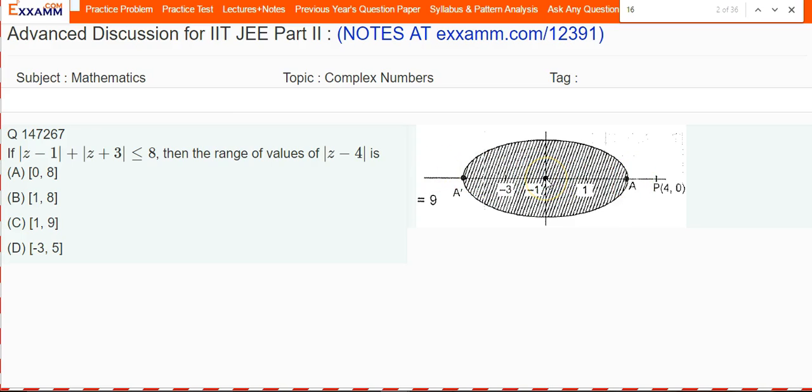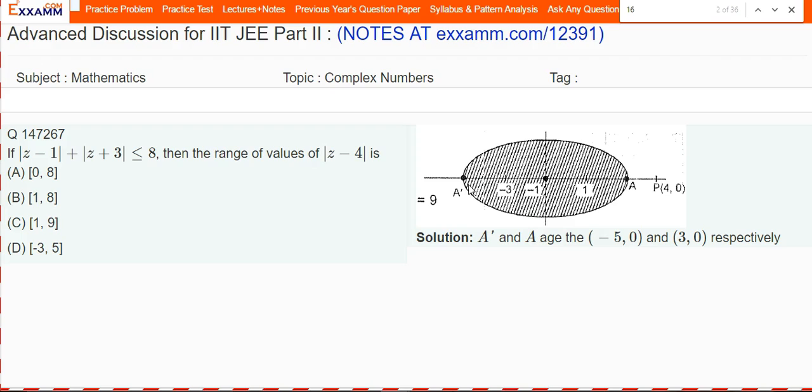So if this point is minus 1, on adding we will get 3, 0 as the coordinates of A. And the coordinates of A dash would become minus 5, because here we have to subtract 4. So coordinates of A are 3, 0, and coordinates of A dash are minus 5, 0.